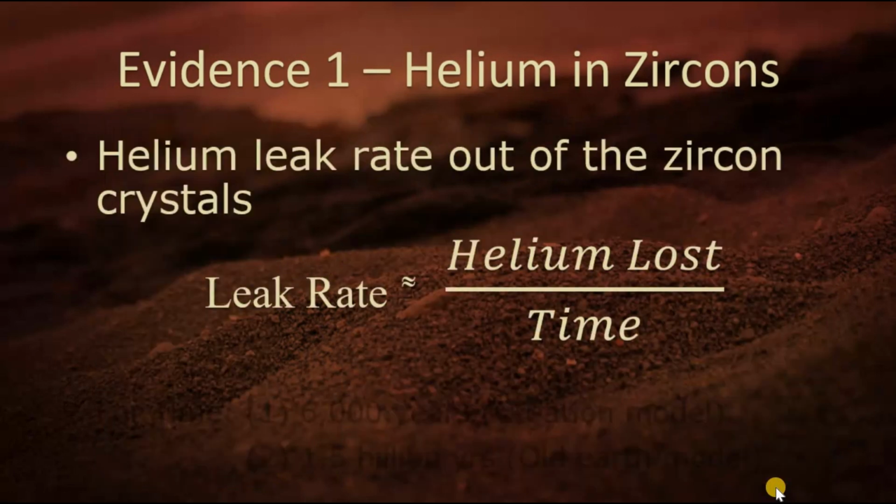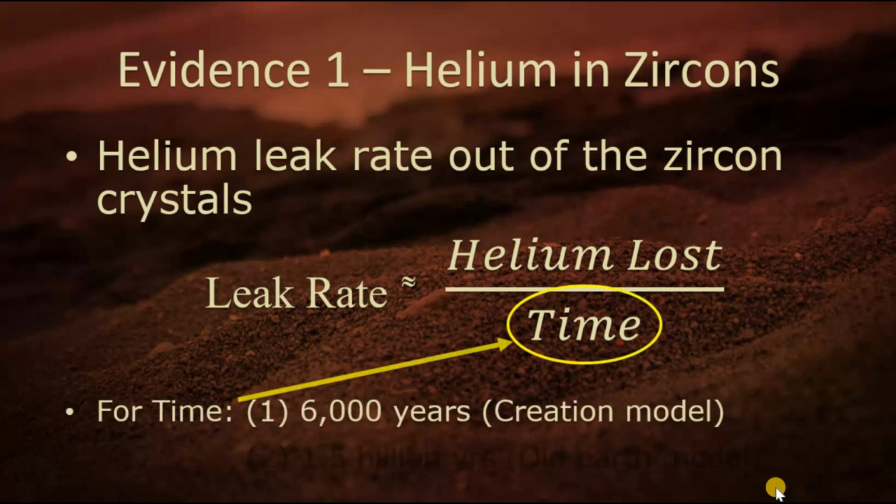So the RATE team predicted the helium leak rates. No one had ever done this before. They were the first to do this, measuring how quickly helium leaks out of zircon crystals. The helium leak rate is basically the helium lost divided by the time. It's a simple calculation. So they used 2 different times.